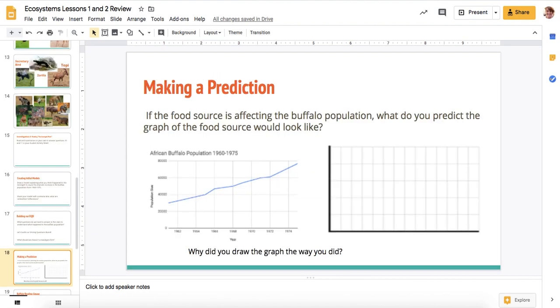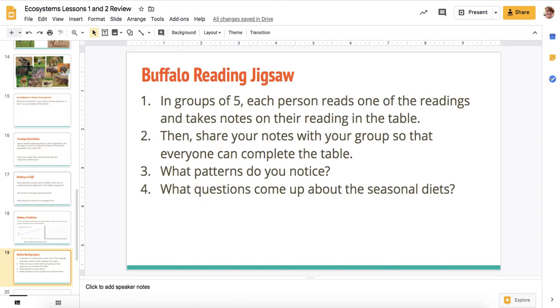So we started with lesson 2, which is what do buffalo eat, and was there more of it? We made predictions about what we thought that graph might look like if there's more food, in comparison to a growing buffalo population. We jigsawed some readings, and basically what we saw was that buffalo eat plants such as shrubs, grasses, trees, and sedges.